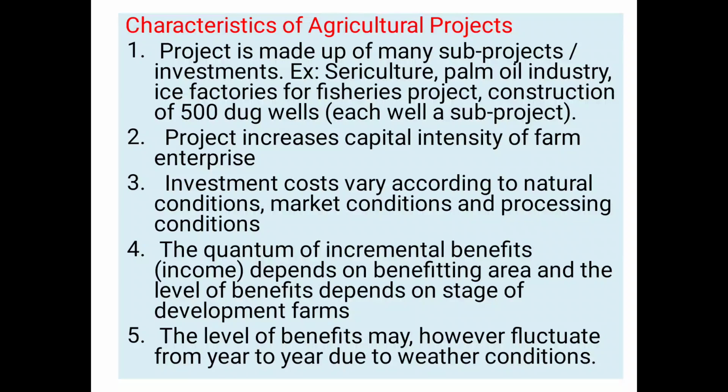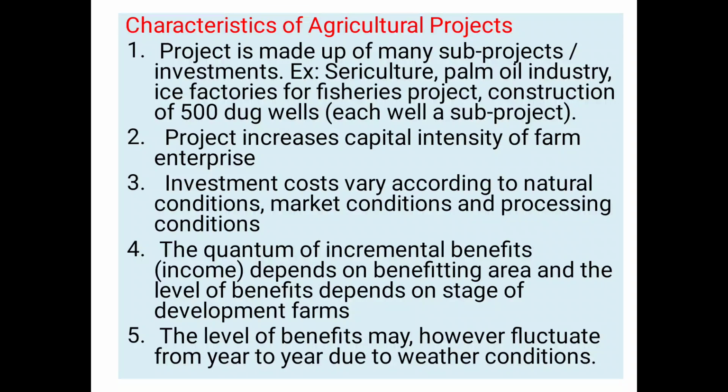Then the next point: a project increases the capital intensity of the farm enterprise. We can invest some amount of money and increase our return. This is the second characteristic of an agriculture project.